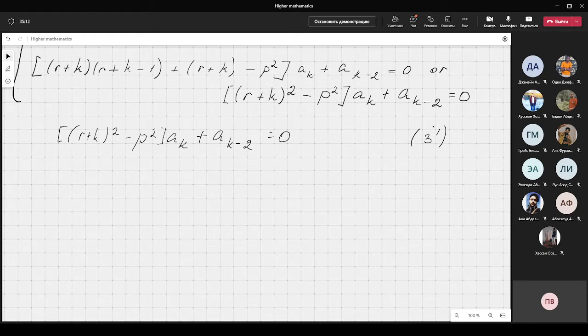It may be rewritten as follows: (r plus k minus p) times (r plus k plus p), it is a difference of squares, times a_k plus a_(k minus 2) equals 0.